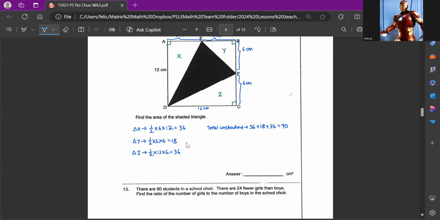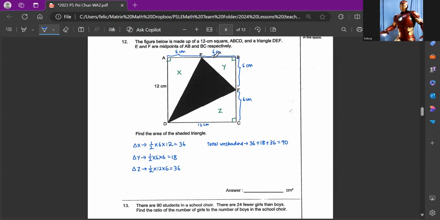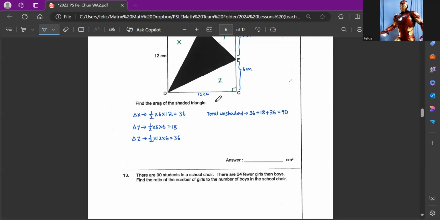And like I said earlier, we next find the area of the whole square, which is length times breadth, 12 times 12. Finally, we can find the shaded part. Just take the whole square minus the unshaded part. That means 54 will be your shaded triangle.